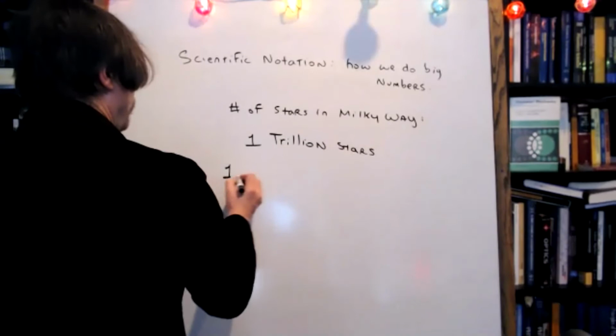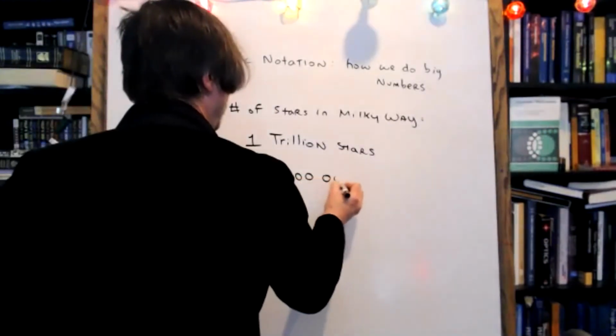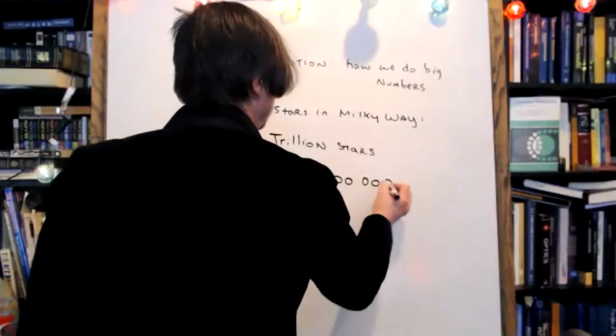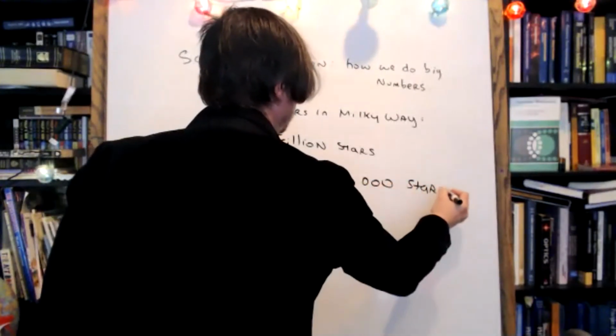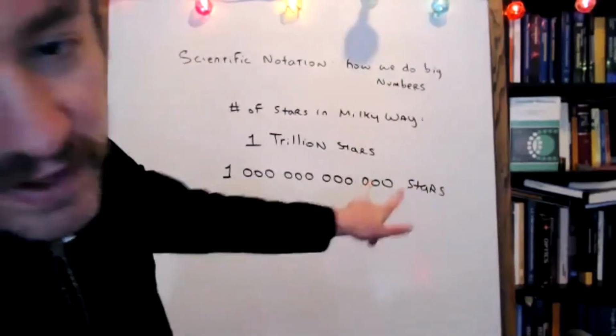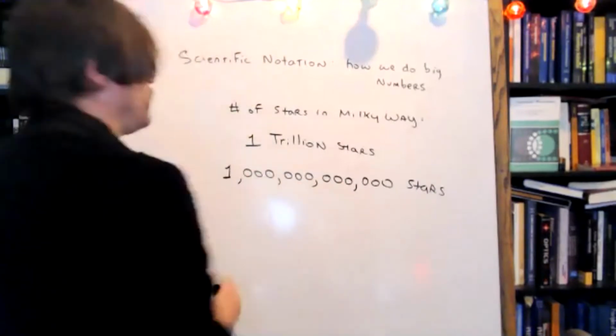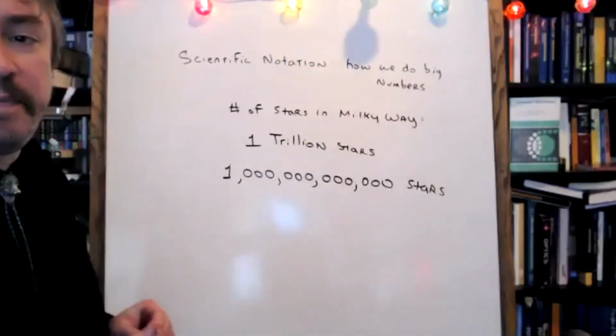So let's write that down. 1, 2, 3, 4, 5, 6, 7, 8, 9, 10, 11, 12 stars. It's customary to put commas after every 3 zeros. So a comma, a comma, a comma, a comma. That's a big number.